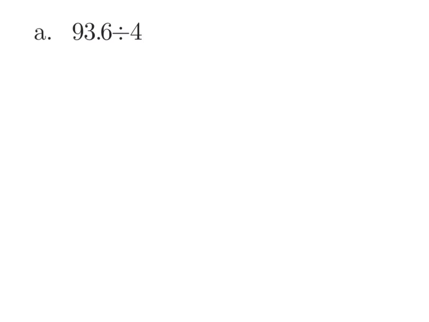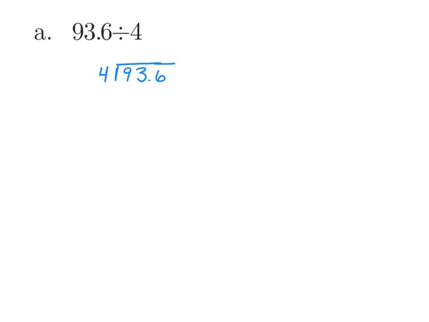If we start with example A, we have 93.6 divided by 4. 93.6 is my first number, therefore it is going to go inside, and my 4 will go outside.